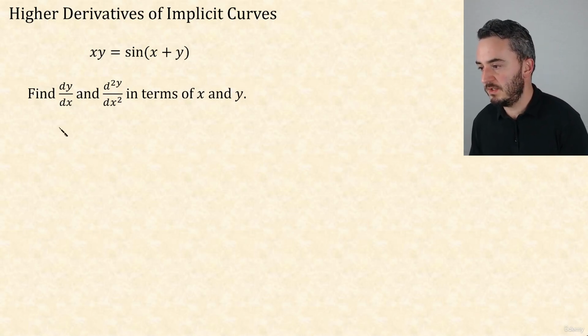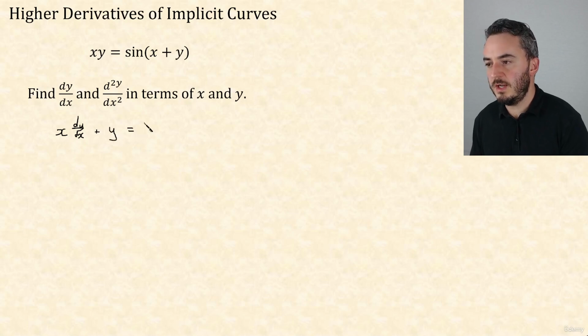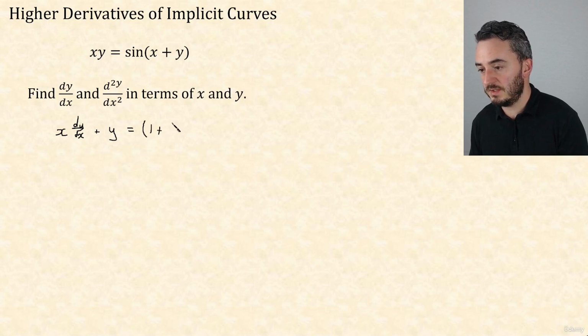Differentiating the left-hand side, we get, there's uv, so it's u v dash plus u dash v equals, okay, a bit of chain rule here. So differentiating sine of some stuff is the derivative of that stuff, which is 1 + dy/dx, multiplied by cos of that stuff.